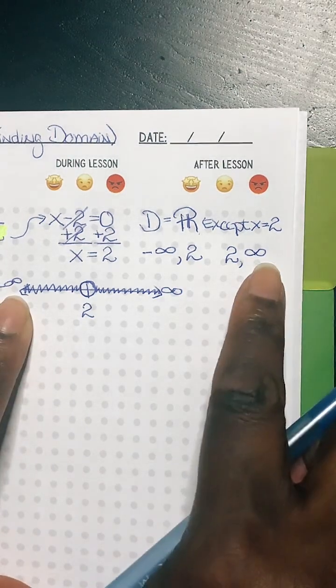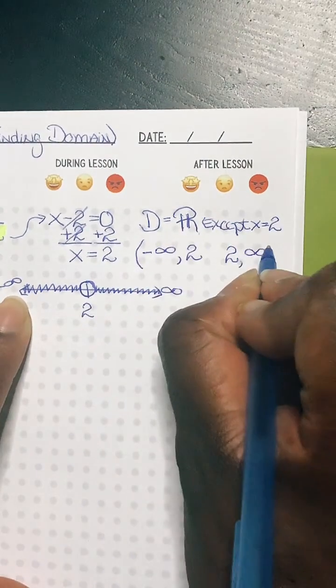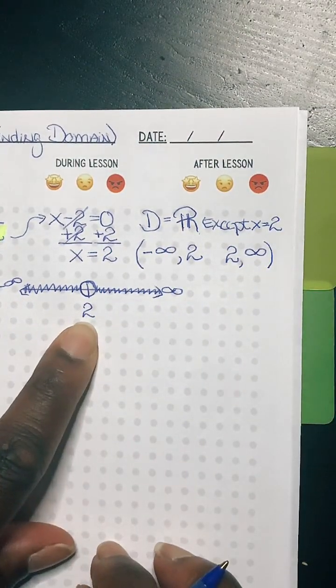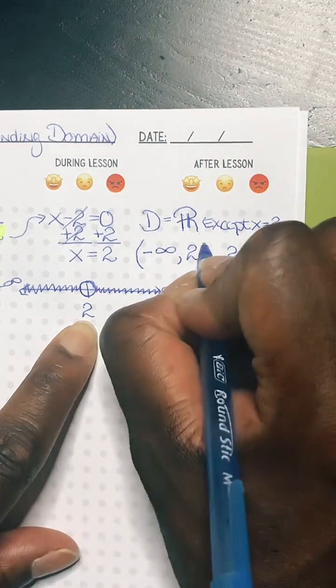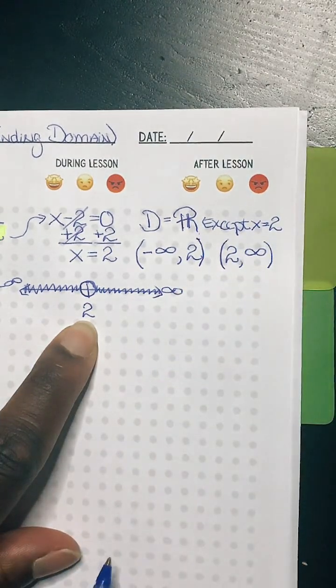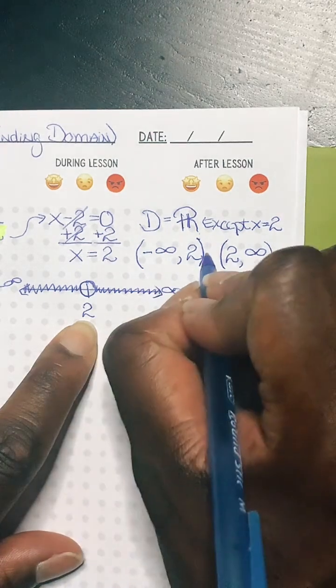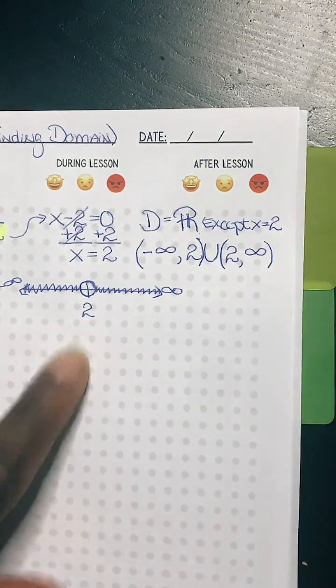Since the infinities always have a parenthesis because they're unbounded, and it can't equal 2, that means they have to be parentheses as well. Now to unify all of this, I'm going to put my unification symbol, which is a U.